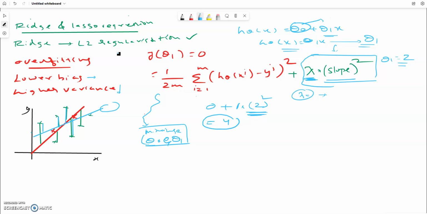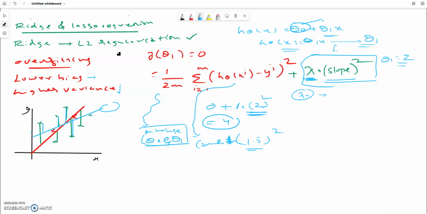Let us say this time, when we have applied this cost function, we have got some 1.5 whole square. Okay, now the slope has decreased a little bit, right? Now the slope has decreased to 1.5. Now when the slope is decreased, this cost function will also have some smaller value, right?